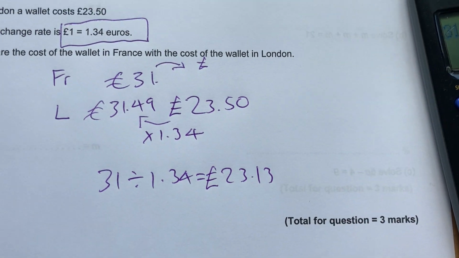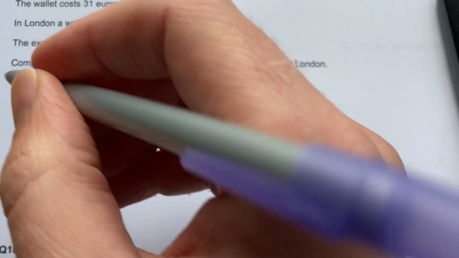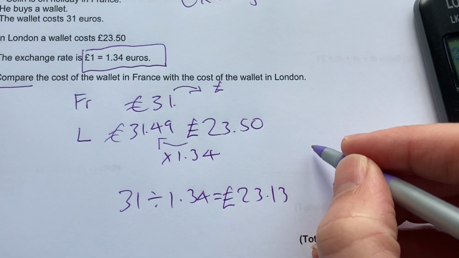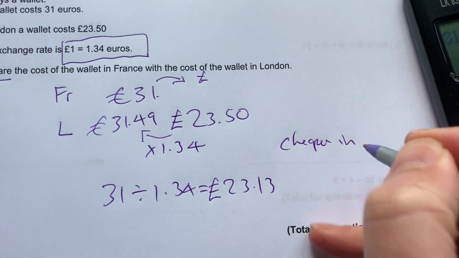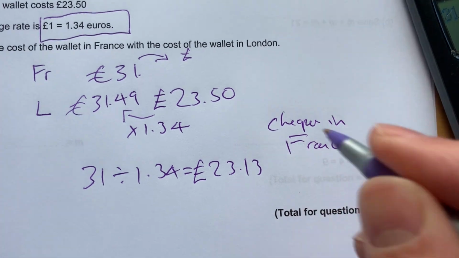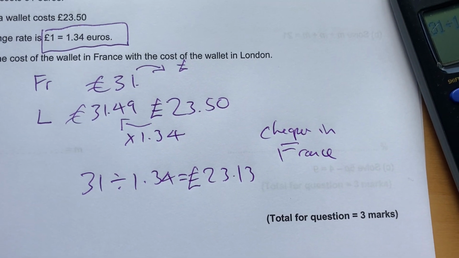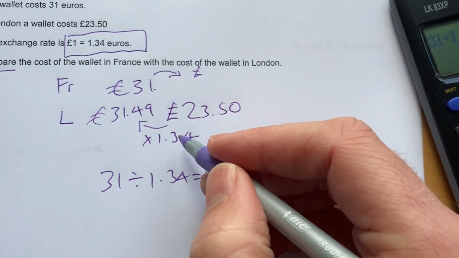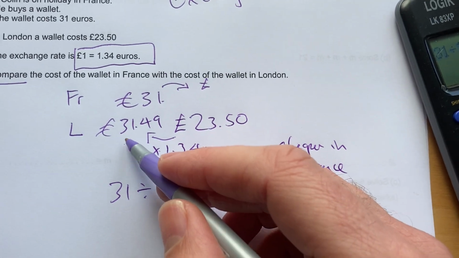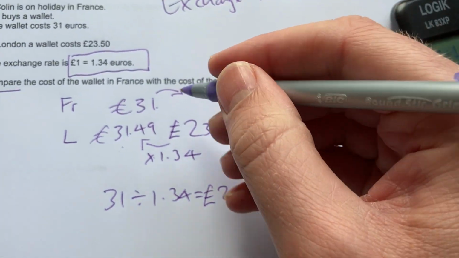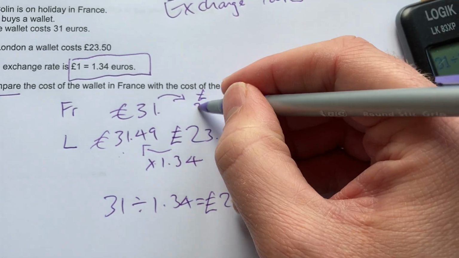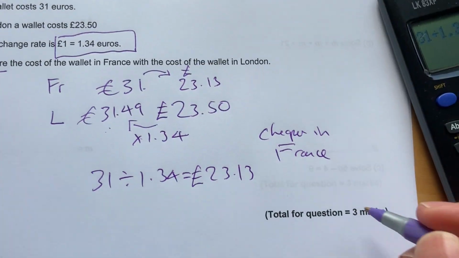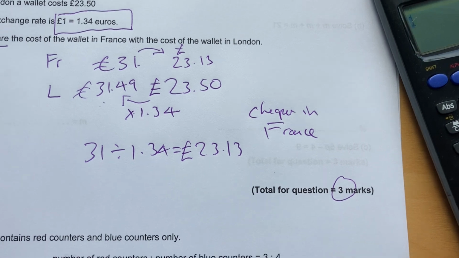So you'd see that when you answer the question by comparing, you say it's cheaper in France. You don't have to do both methods, but just to show you that you could answer it both ways, either timesing by the exchange rate to get the euro, or dividing by the exchange rate to get it into pounds. 23.13. Okay, 3 marks there.